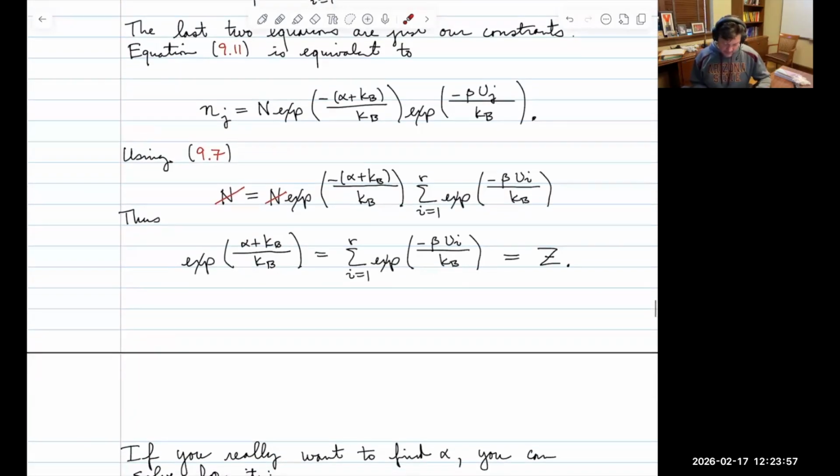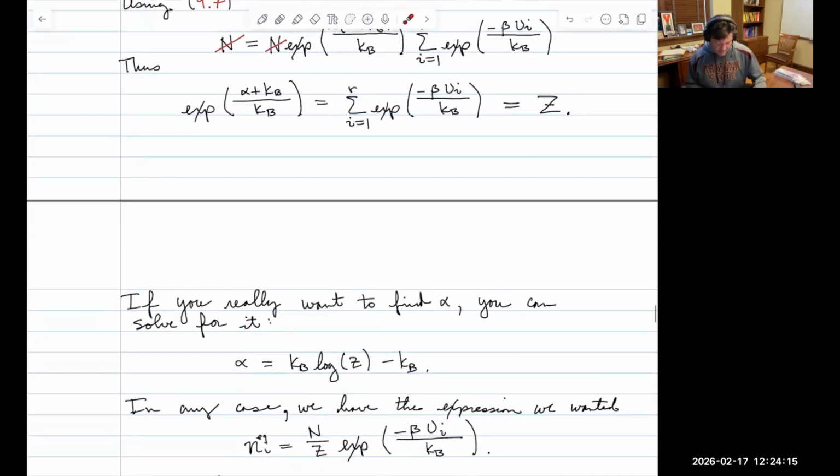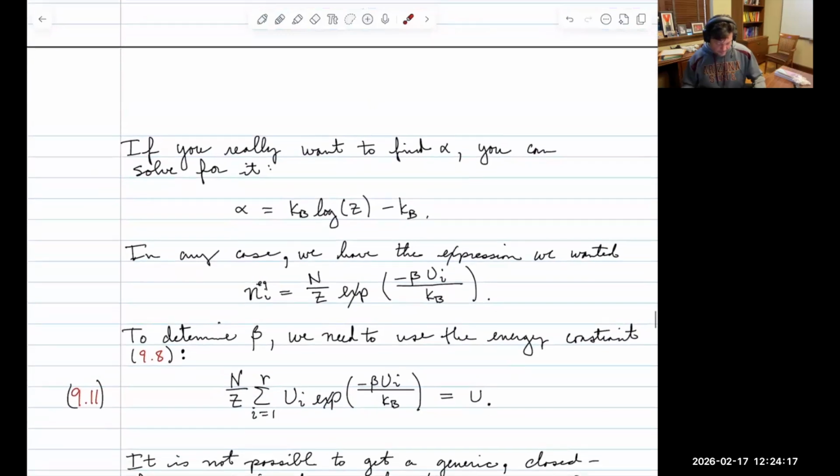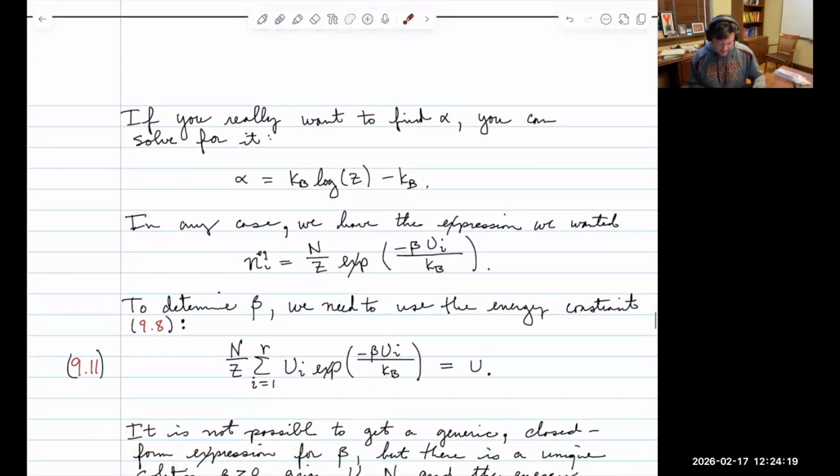All right, so if I do that, I get this whole term here, and I want to get rid of that because it has an alpha in it. Solving for the exponential of alpha plus k Boltzmann over k Boltzmann, that tells me that when I normalize things, I should get this value here.